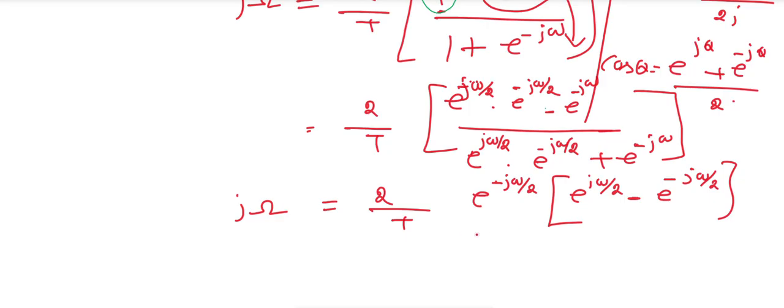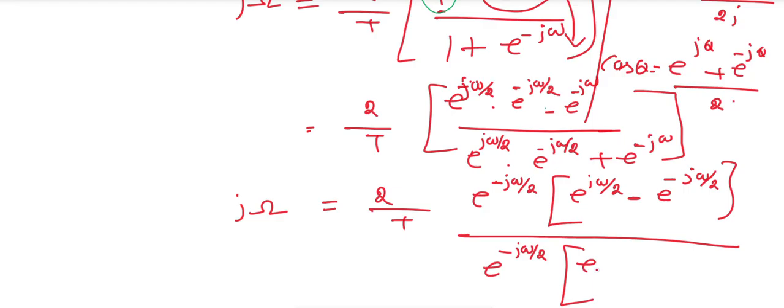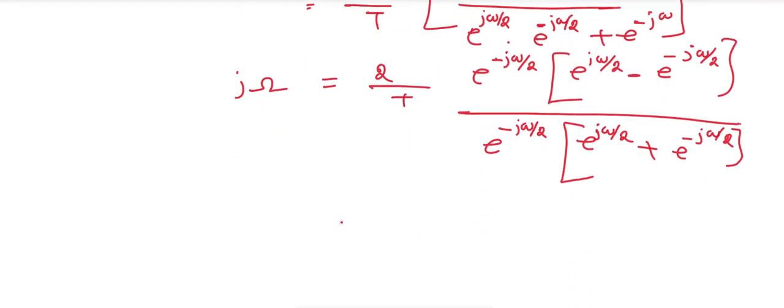Divided by, again you can take the common term e power minus j omega by 2, so e power j omega by 2 plus e power minus j omega by 2. This one can now be simplified again, 2 by T.